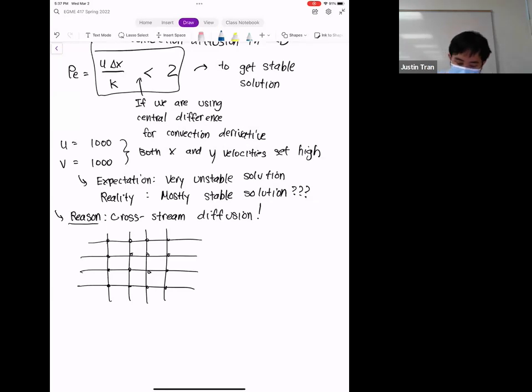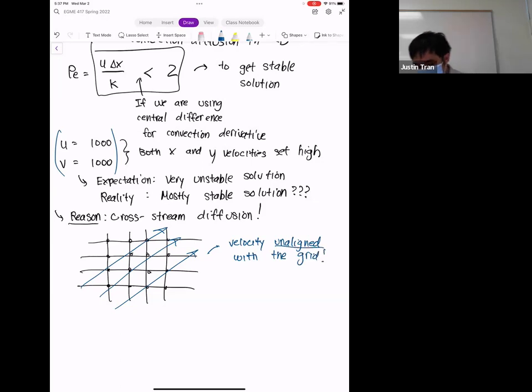If the x and y components of the velocity are both 1,000, the velocity looks something like this. In other words, the fluid is not traveling along the grid lines we've preset for it.